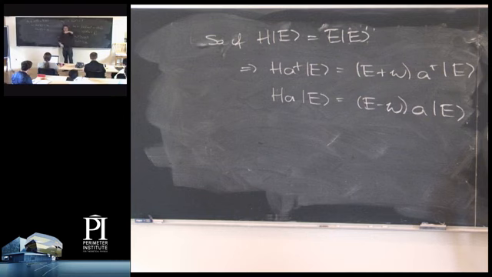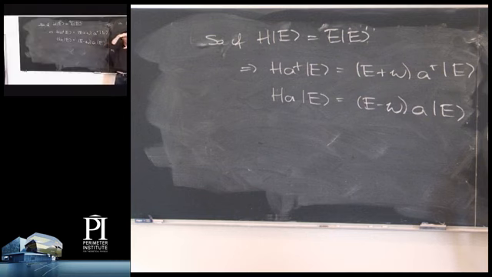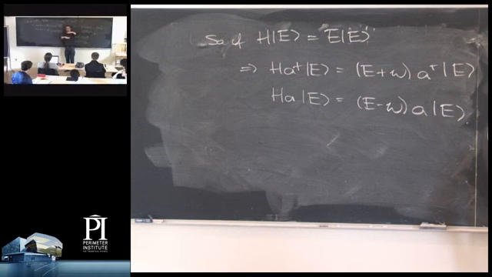Okay, so we get this tower of energy eigenstates. If there's one with energy E, there's another one with energy E plus omega, and another one with energy E plus 2 omega, and so on. And there's one with energy E minus omega, and one with energy E minus 2 omega, and so on. But at some point, if we want to have a spectrum which is bounded below, this had better stop. And this stops only if A acting on one state vanishes, so that we don't have another state to go to.